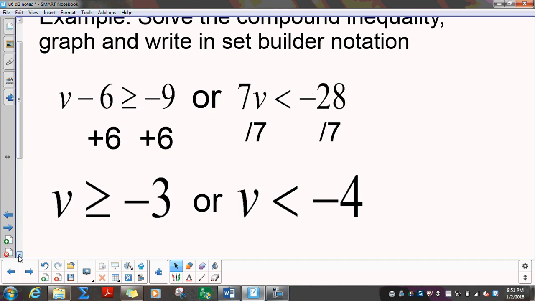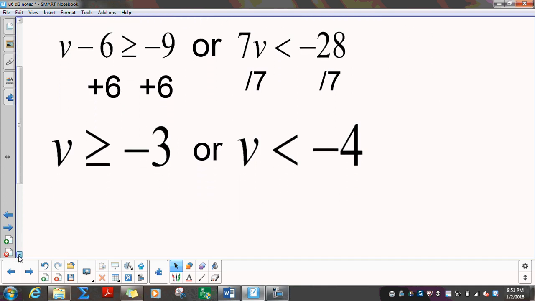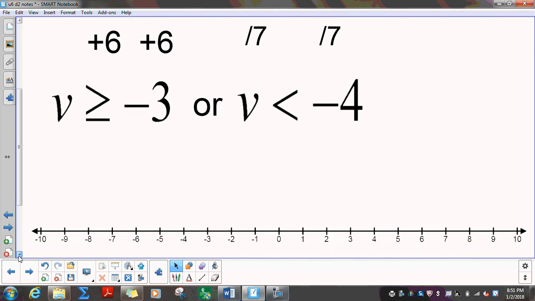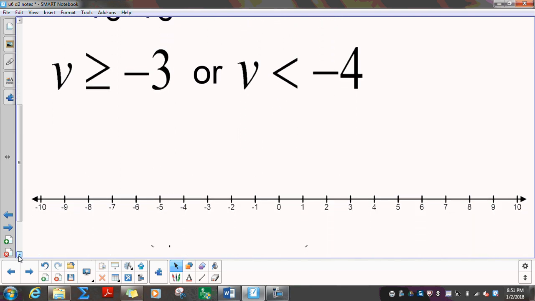So let's go ahead and graph it, because I feel like the graph gives you a really good understanding of what this means. We graph the first one. V is greater than or equal to negative 3.